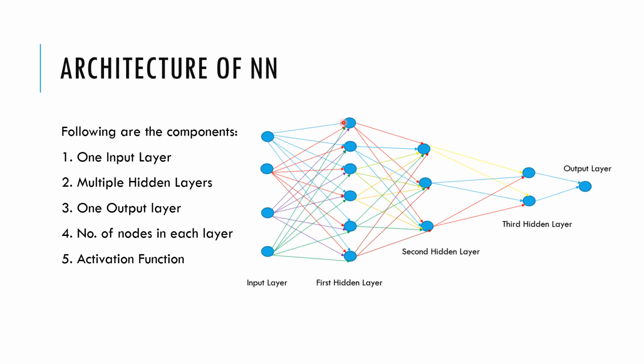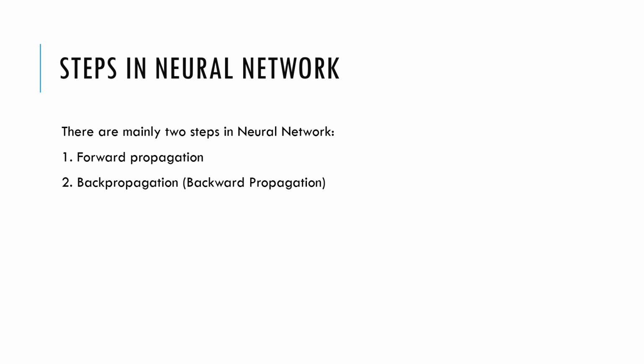Because it is connected to all these nodes, and these lines represent weights. We multiply the value of each node with the respective weight, do the same for all the nodes, add them together and supply them to this node. This node will use this linear equation and an activation function to create a value, and that is applied to the next layer. So that becomes input for this layer. Similarly we do it for all the nodes. That is why we need an activation function.